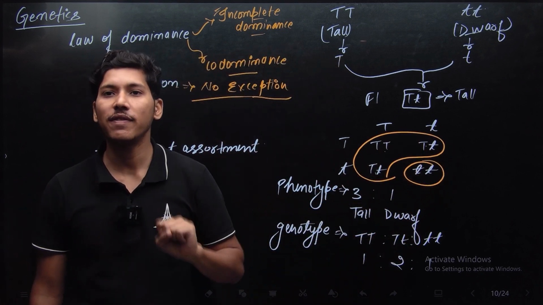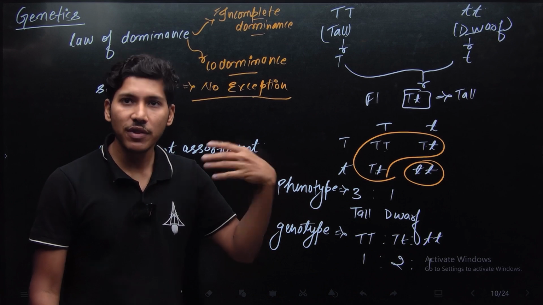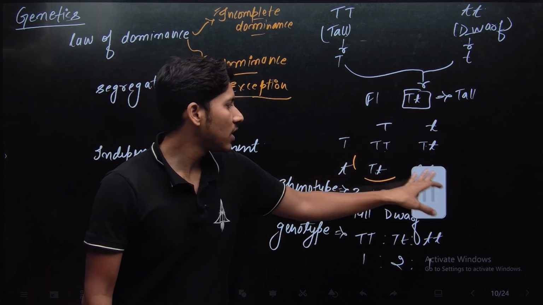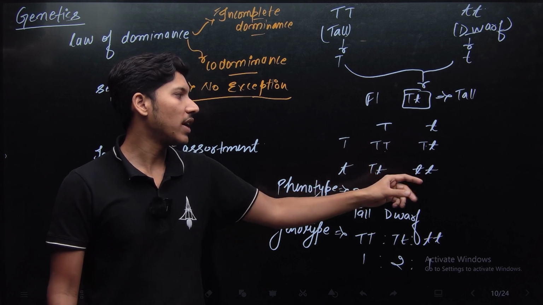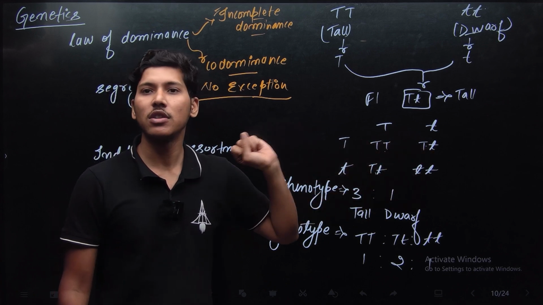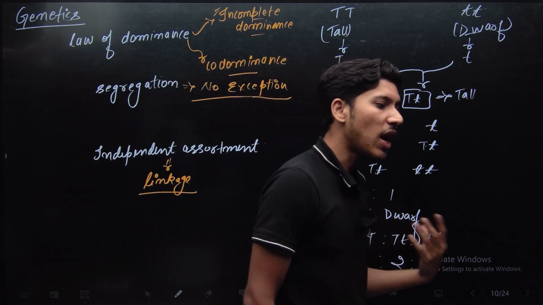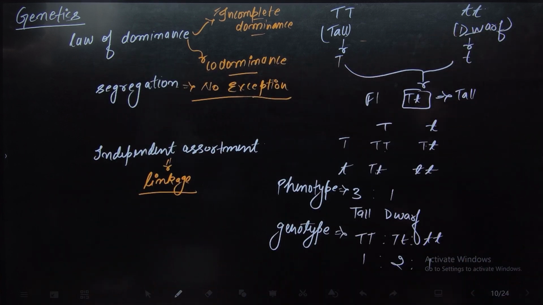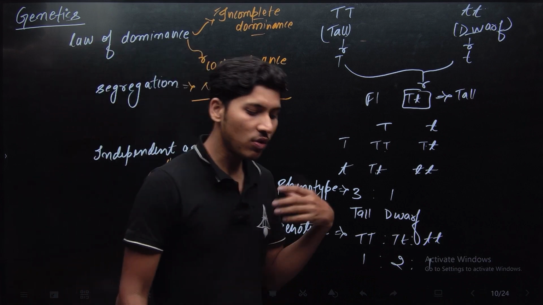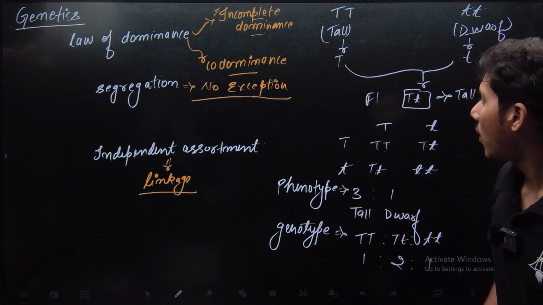So 3:1 will be the ratio of the physical characteristics or phenotypes, and the genotypes will look like 1:2:1, where 1 will be capital T capital T, 2 will be capital T small t, and 1 will be small t small t. So the monohybrid cross in the F2 generation shows a phenotypic ratio of 3:1 and a genotypic ratio of 1:2:1. Clear? Now let's move ahead.